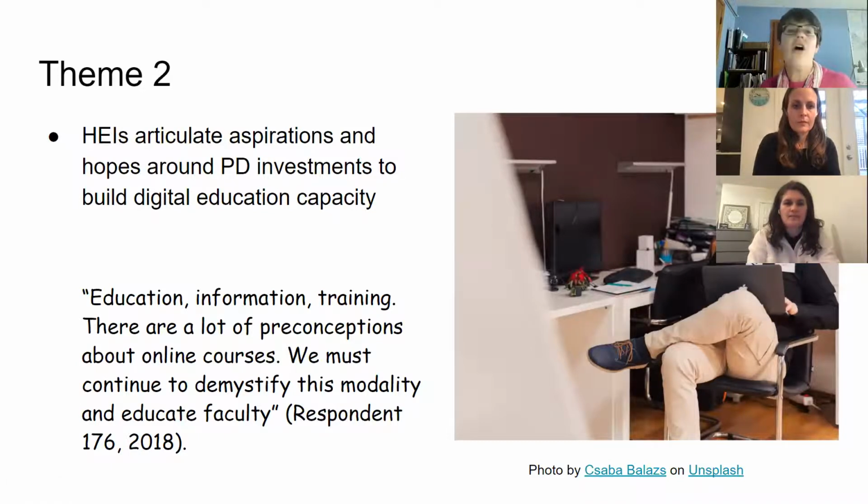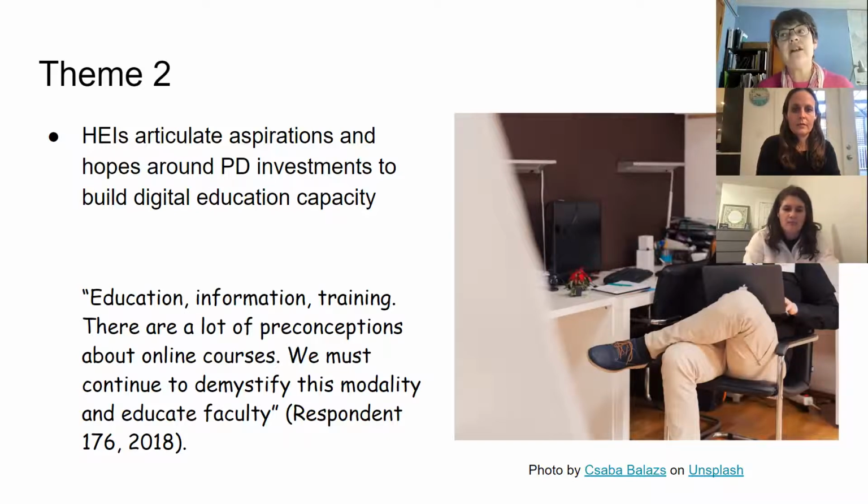Based on comments from 61 respondents, our second theme revealed two important strategies for changing negative stereotypes and promoting positive faculty attitudes around digital education. And these are access to instructional design support and professional development opportunities that allow faculty to learn about high quality outcomes that arise from well-designed digital education opportunities and activities.